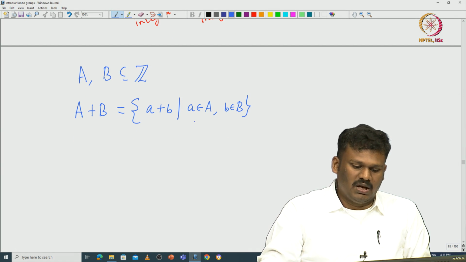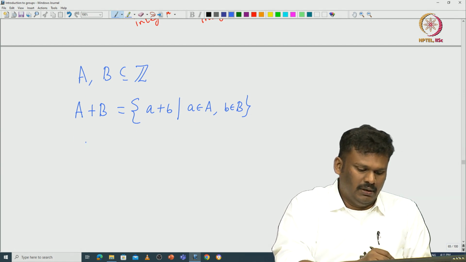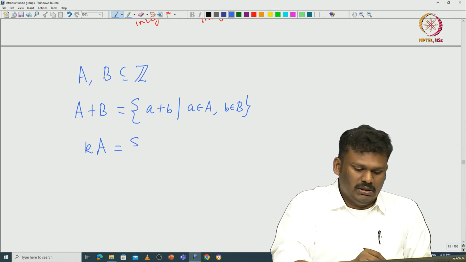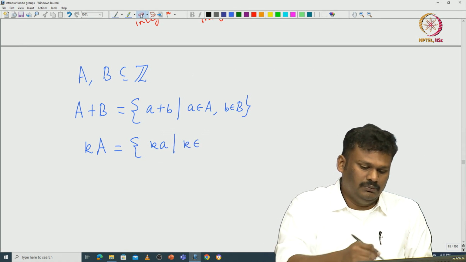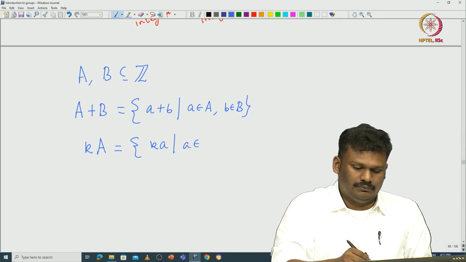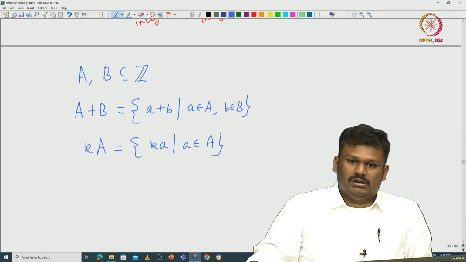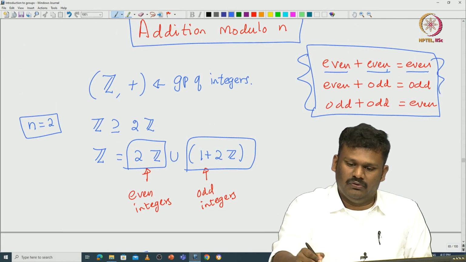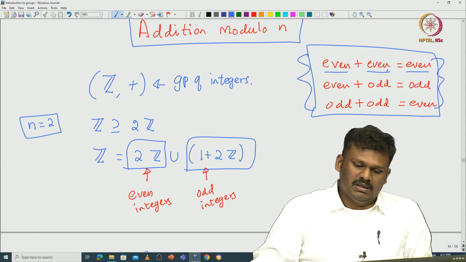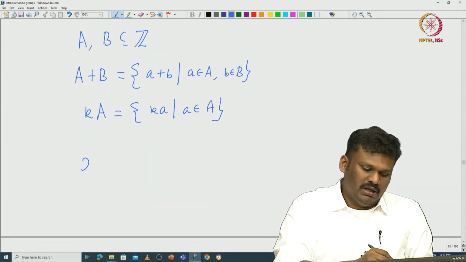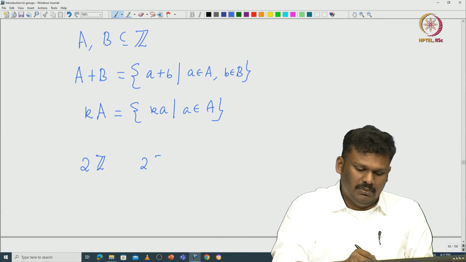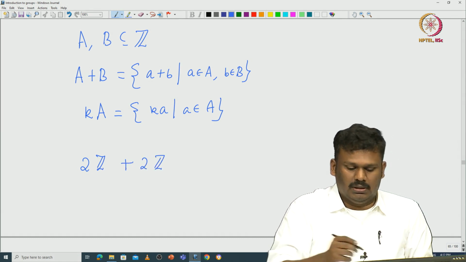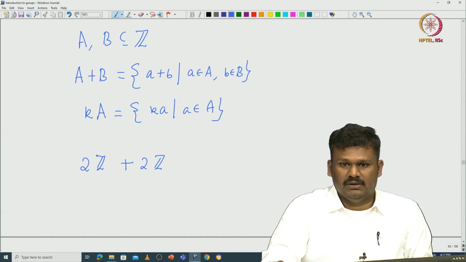So, this already motivates us to do the arithmetic. For example, I can also define an integral multiple of A. This I can take to be just ka, where a is coming from capital A. So, a similar thing I want to do here. Whatever is encoded here, when you say even plus even is even, basically what you want to say is you take some element in 2z and another element in 2z, add them and see what happens.